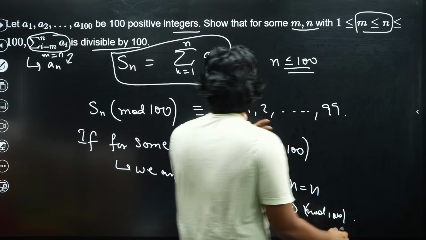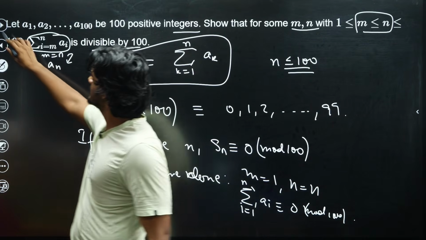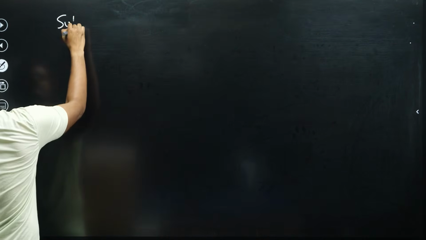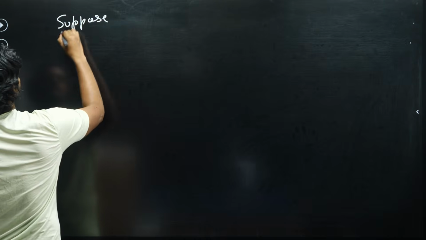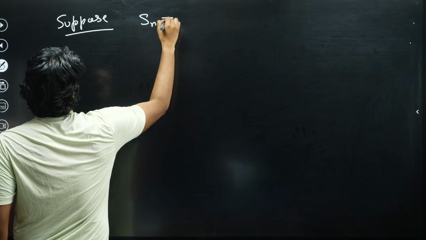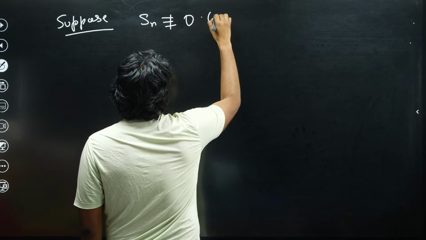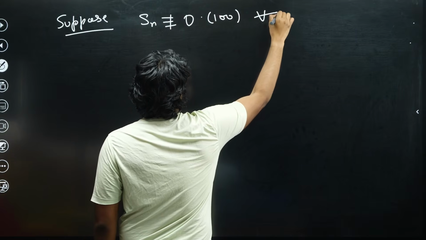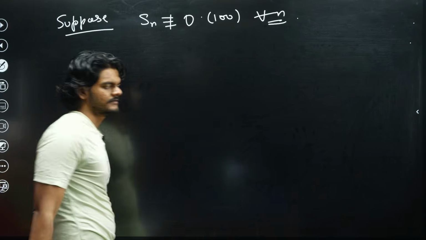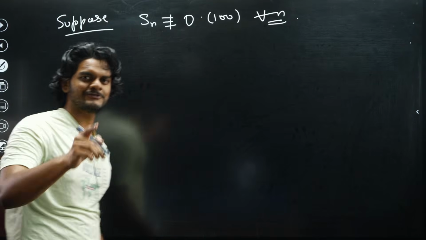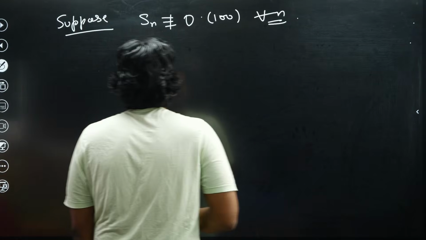But suppose none of the n will give you that, suppose Sn is not equivalent to 0 mod 100 for all n, right? Now we use the pigeonhole principle. Now it becomes interesting.